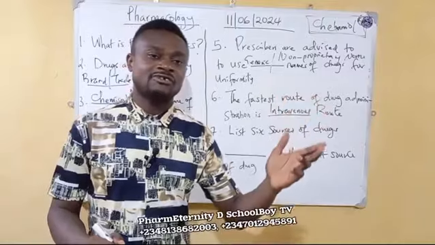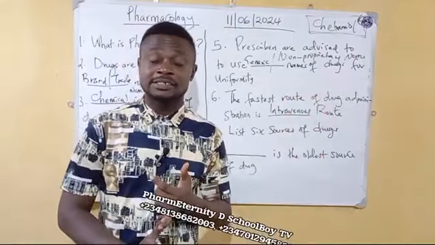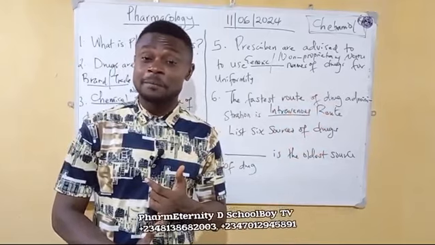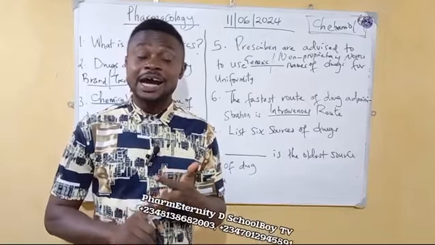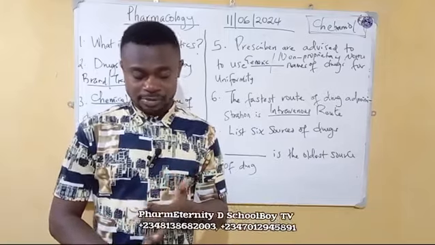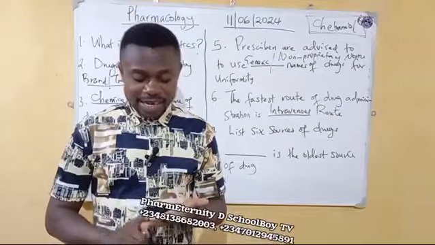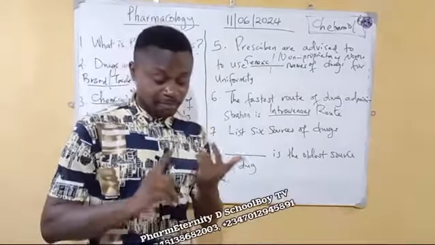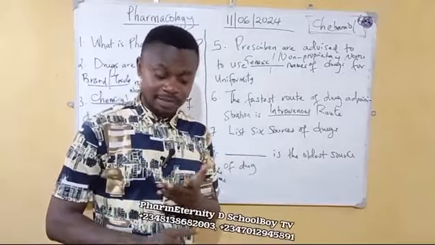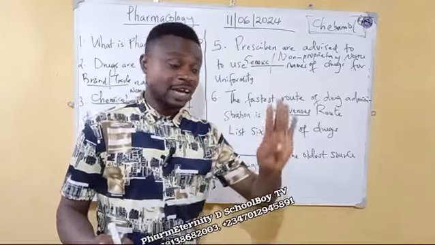Under traditional we have plant source. Some drugs are gotten from different parts of plants. We have the animal source. Number 3, we have mineral source or earth. Then number 4, we have microbiological source. So we have plants, animal, mineral, and microbiological source. So we have 4 already.